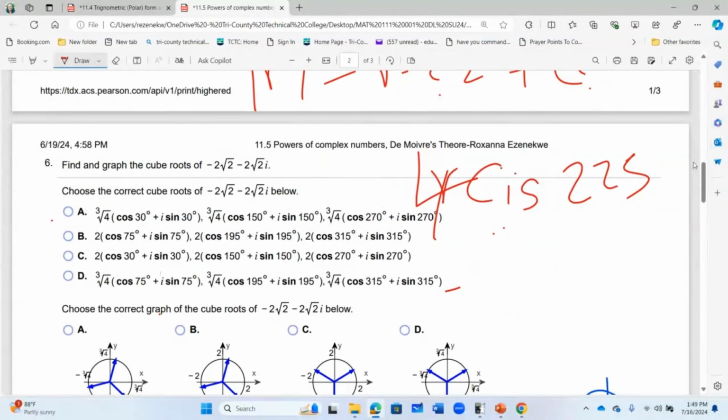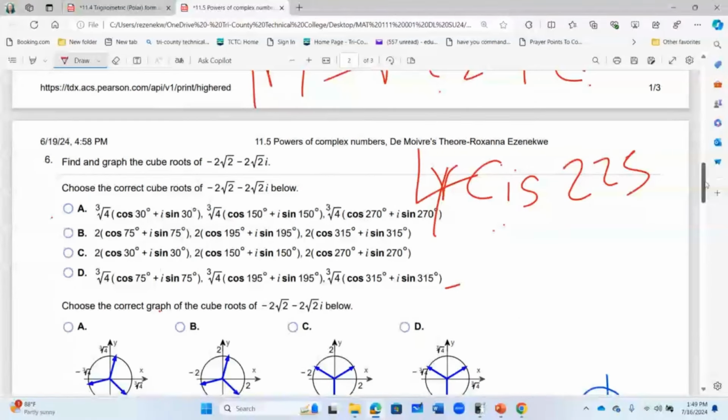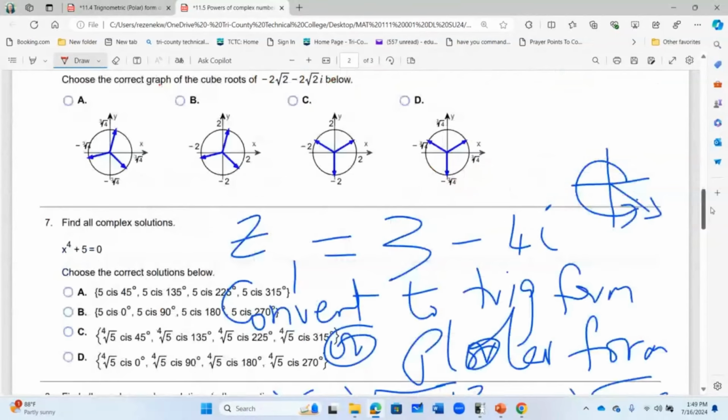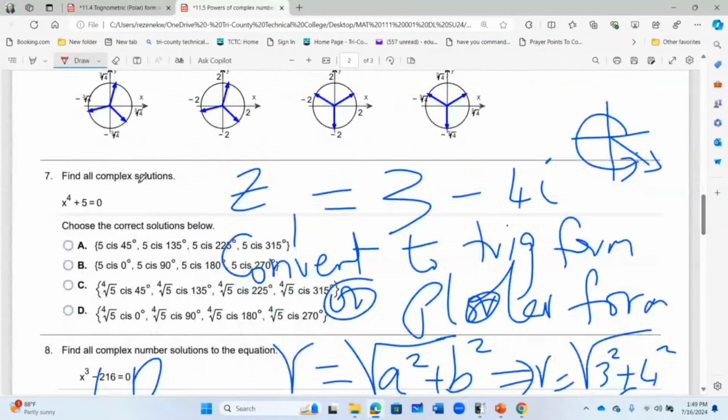We can go back to this, find all complex solutions of this. We can go back and write x to the power 4 is equal to -5, and we find all the 6 roots. Or maybe we can bring this one back next class.